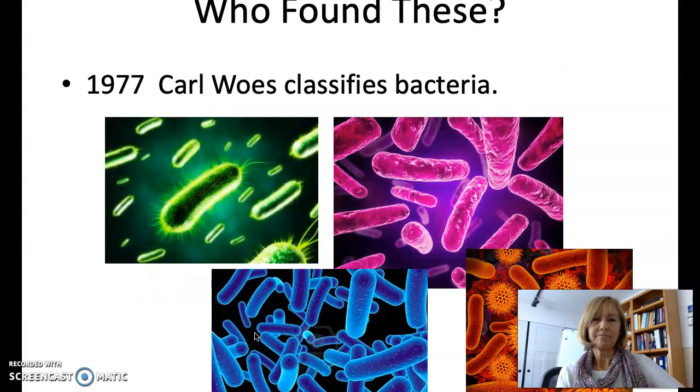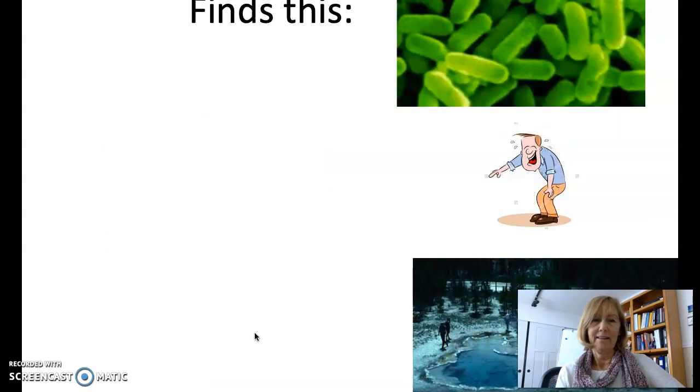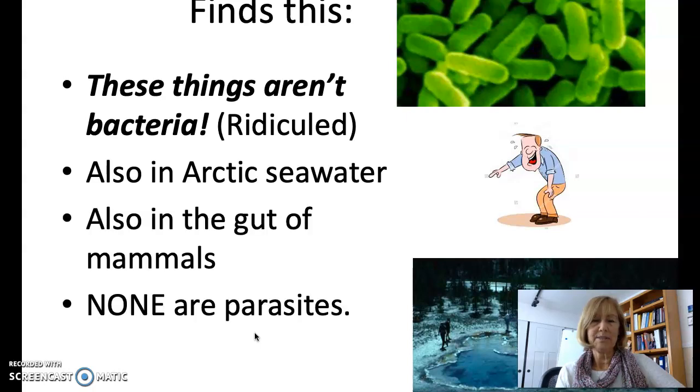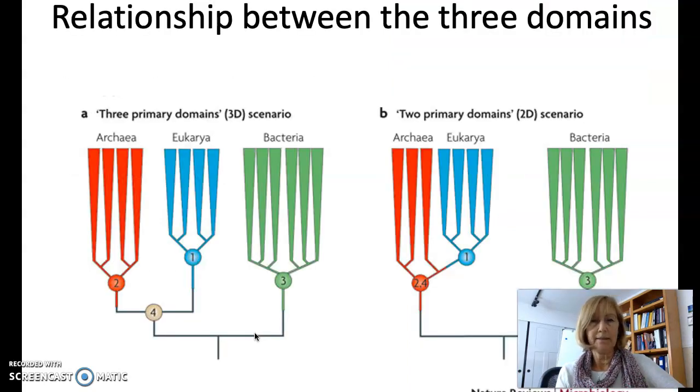Pictures of these colorful, these have been colored, but they are archaea. The person who discovered them was laughed at, was ridiculed. They said, these are bacteria, you crazy person. But they were truly a whole different organism, a different domain.